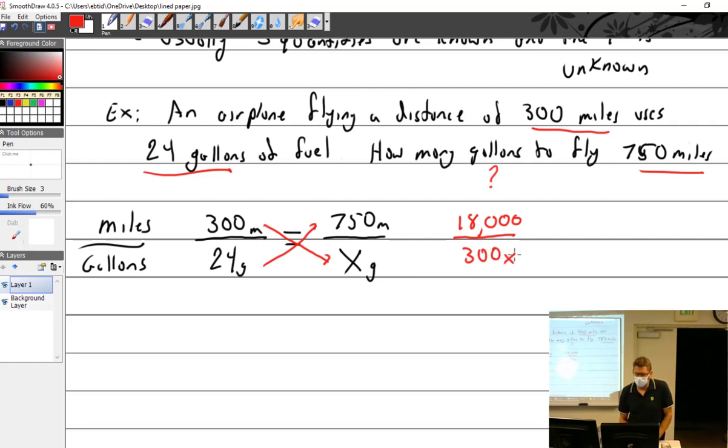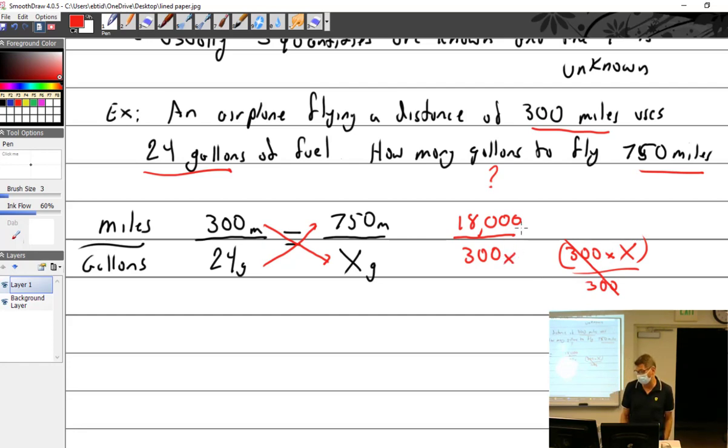Now this is getting a little algebra here, but we have to get rid of the X. How do we get rid of the X? If we divide both sides by 300, because 300X is the same as 300 times X, then I just get rid of that, and I'm left with X. That's how we isolate the X.